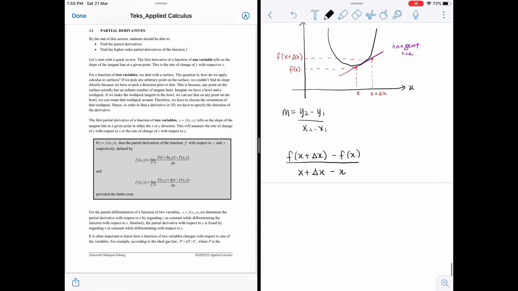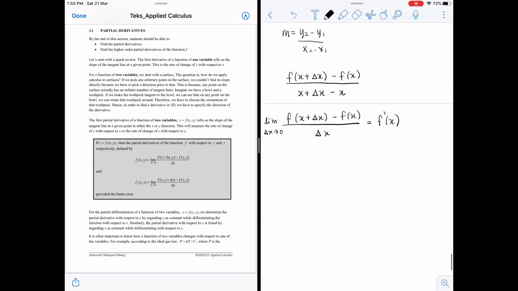So we have f(x plus delta x) minus f(x) over delta x, when the limit of delta x approaching 0 exists. This is the gradient of the tangent line, or the first principle of the derivative of function f with variable x. We will use the same principle to find the first derivative of a function f with two variables later. Just a quick review.